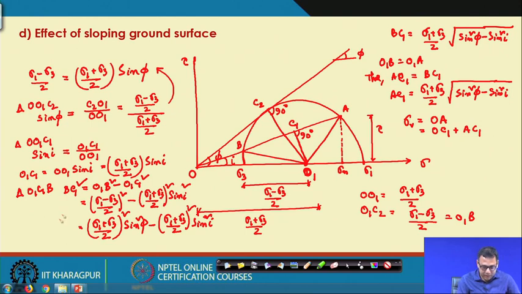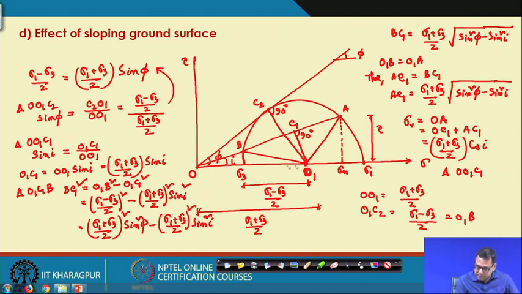OC1 I have already got, this is the cos. So, I can write OC1 is sigma 1 plus sigma 3 divided by 2 into cos I. How am I getting this? Because if you take this triangle OO1C1, this is I, this is 90 degree.